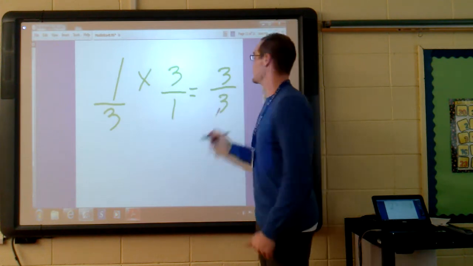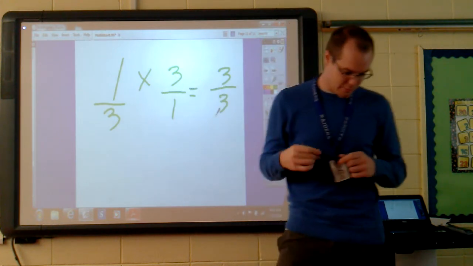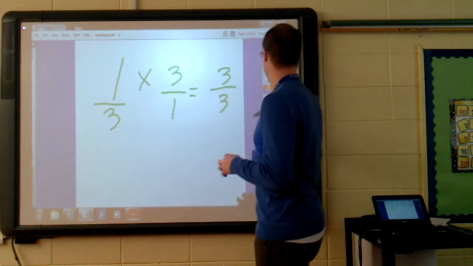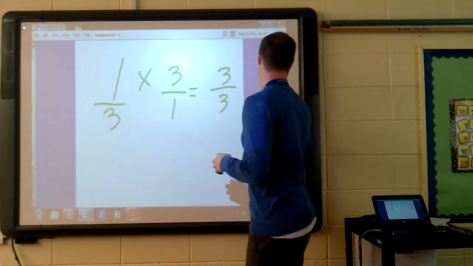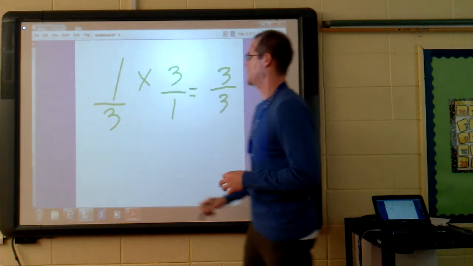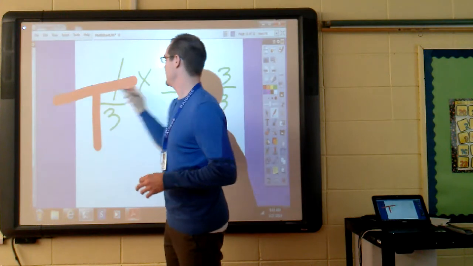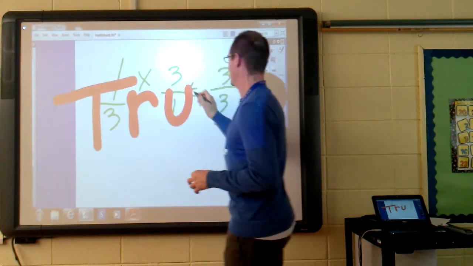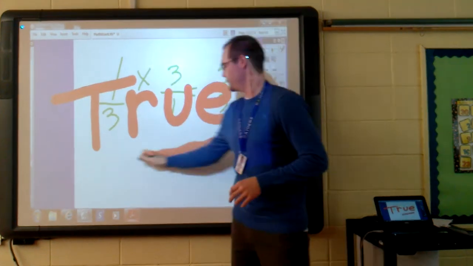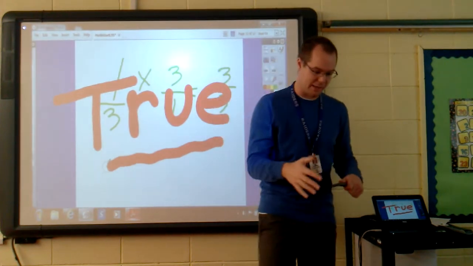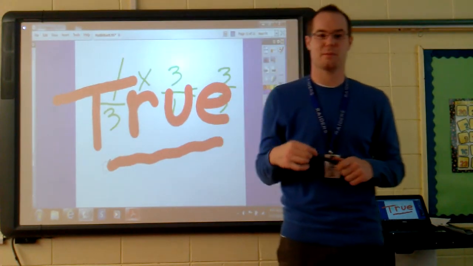This fraction is equal to 1. The answer to practice problem P is true. Feel free to write that on the back side for practice problem P.